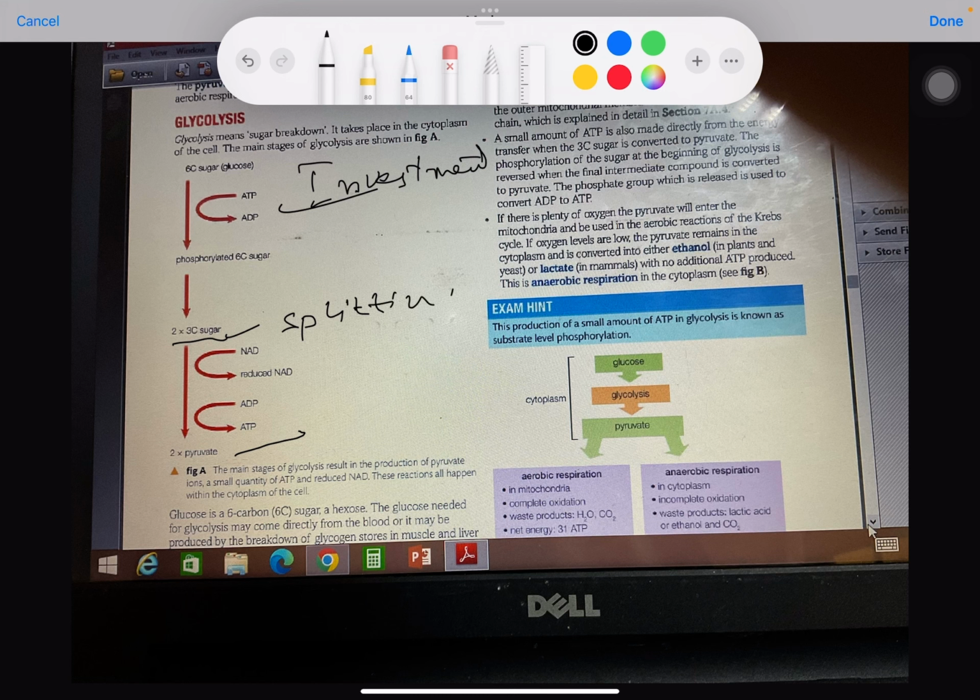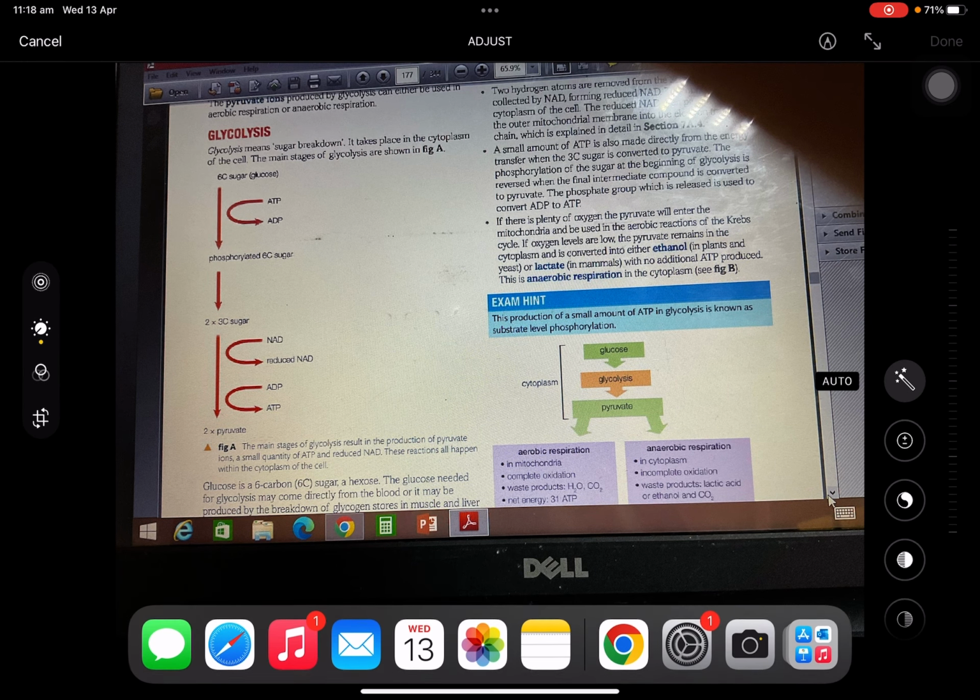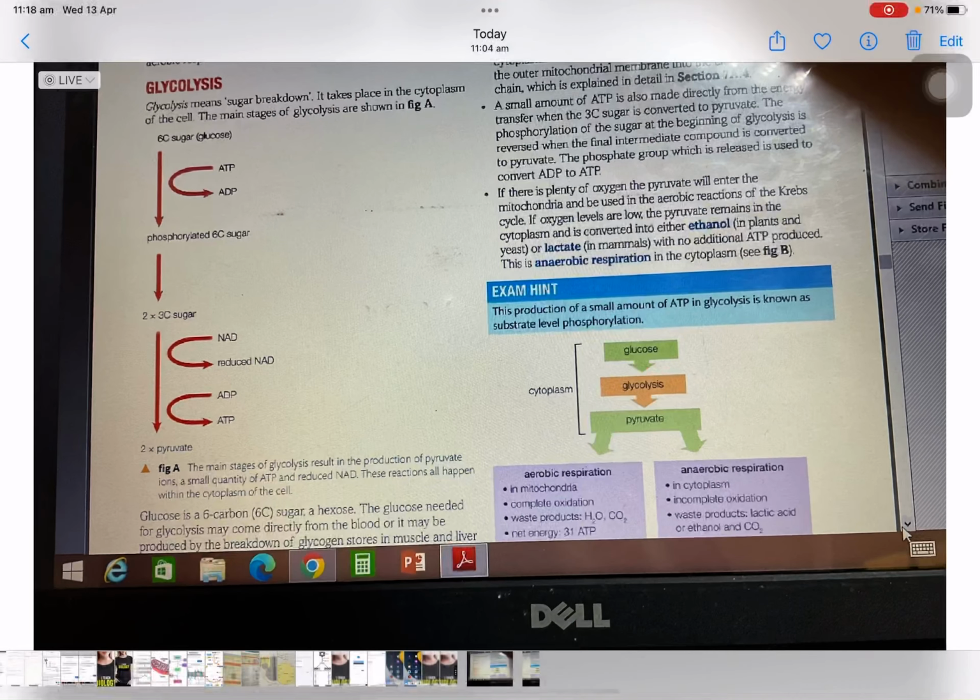Splitting is here. And here is the harvesting, meaning production of ATP. Now they are showing harvesting, for example 2 times 3C, meaning there are two trioses. And this is the production from one triose, which means one more time ATP will be produced. If I say reduced NAD is produced from one triose, one more time reduced NAD will be produced. This is the book image from Edexcel.